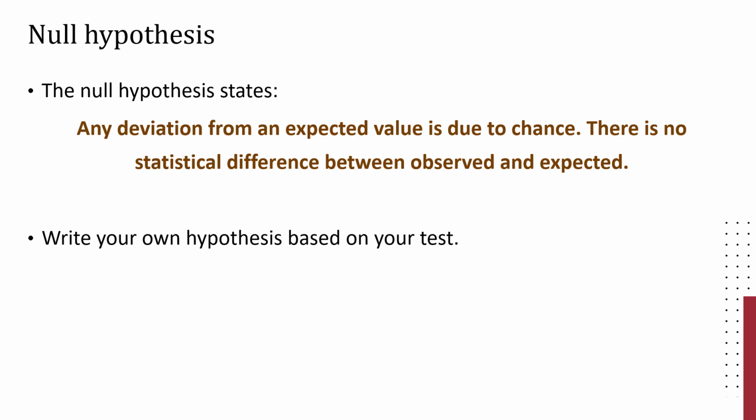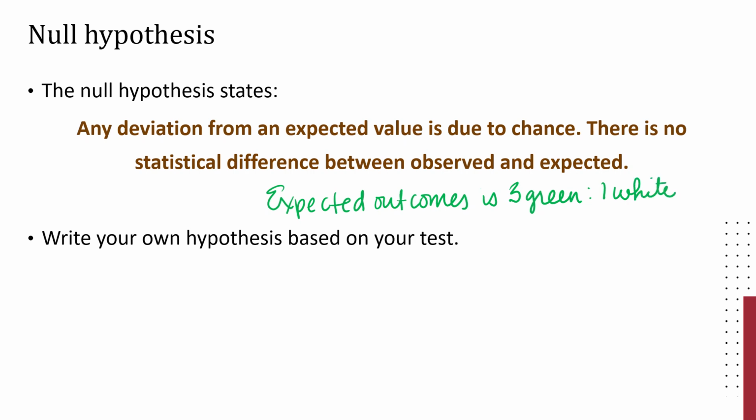So when you write your null hypothesis, you want to add in there what your expected outcome is. So for our test, our expected outcome is the 3-to-1 ratio. So the basis for your null hypothesis is going to be the same every time, except that you're going to add in what you expect to see.